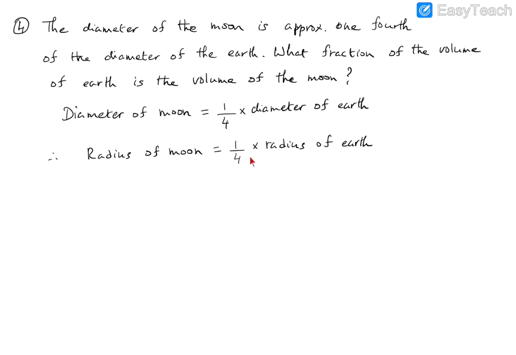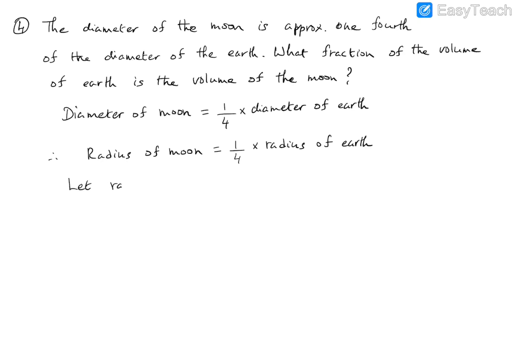Therefore the ratio between the radius of the moon and the radius of the earth will be the same as the ratio between the diameter of the moon and the diameter of the earth. So we have the radius of the moon as 1/4 of the radius of earth. Let us consider the radius of earth to be r.